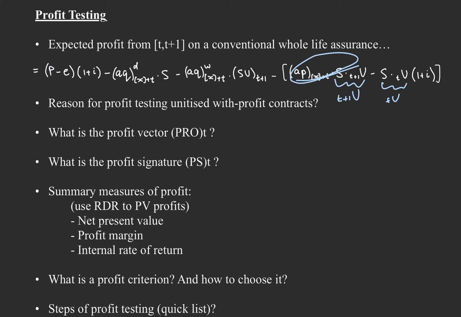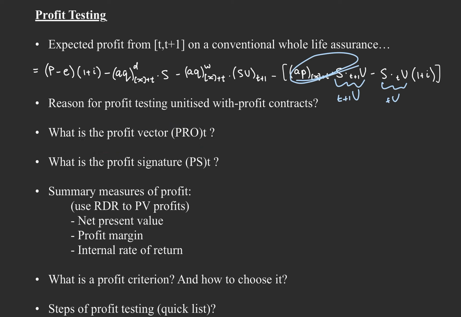Okay, and now the profit vector is just these expected profits for all of the years in vector form. So if in year 1 I have a loss, then my first entry in my profit vector will be that loss. If in the final year I have a profit, say, then that amount of the profit will be the final entry in this profit vector.